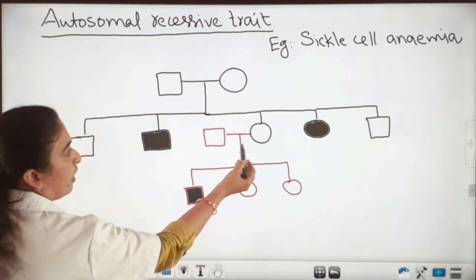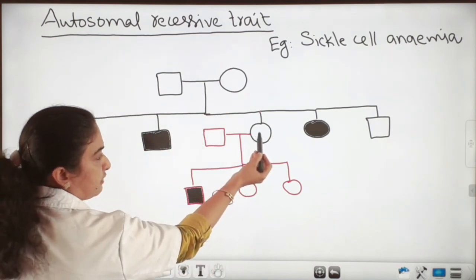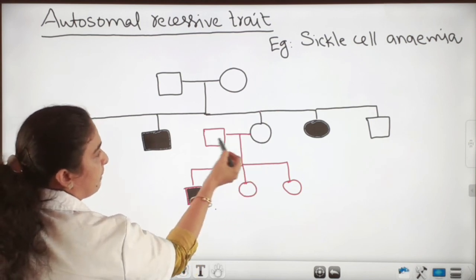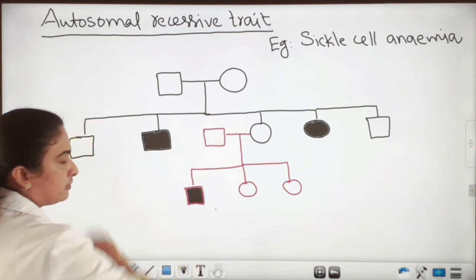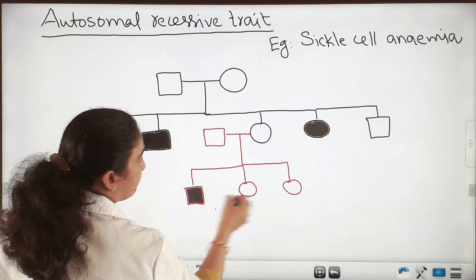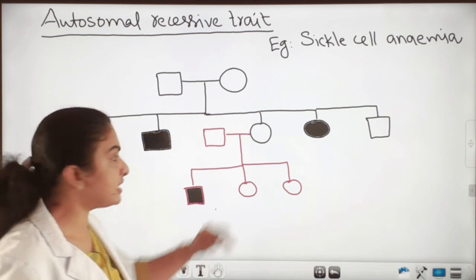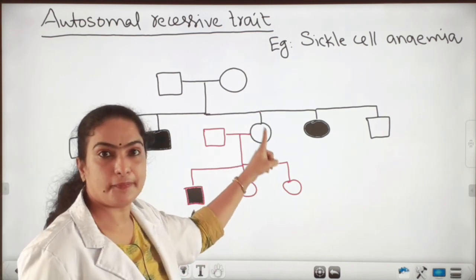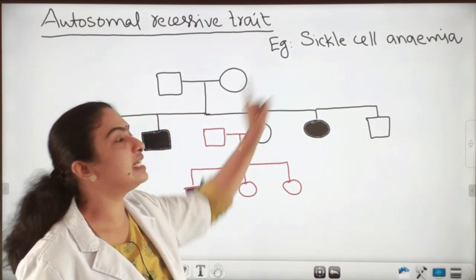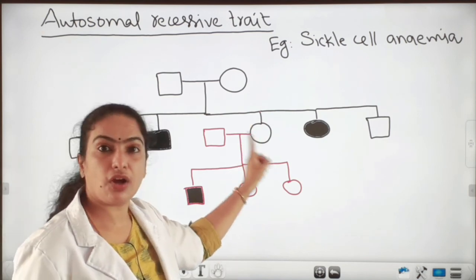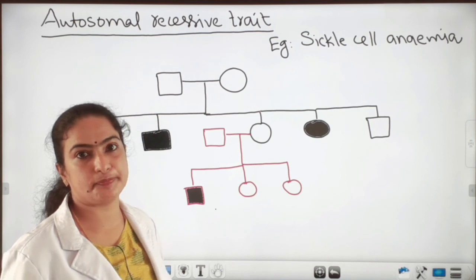Here also this daughter is free from the disease, but in the next generation when she got married to a normal male, out of 3 children, one son is affected. That means this daughter must have the sickle cell anemia causing gene hiding there.